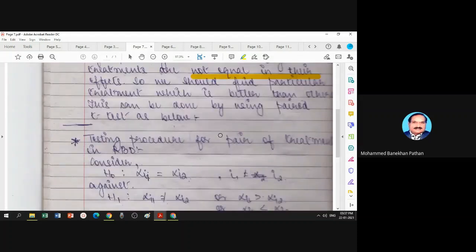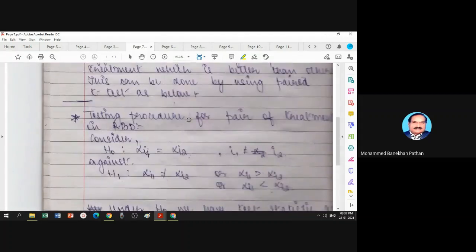And that is done by the testing procedure for pair of treatments in RBD. This is a new topic and very important. So here what we do, we take a pair of treatments. Pair means 2. So suppose there are 3 treatments A, B, C. My H naught is rejected. That means they are not equal in their effect. So A may be better, B may be better, C may be better.